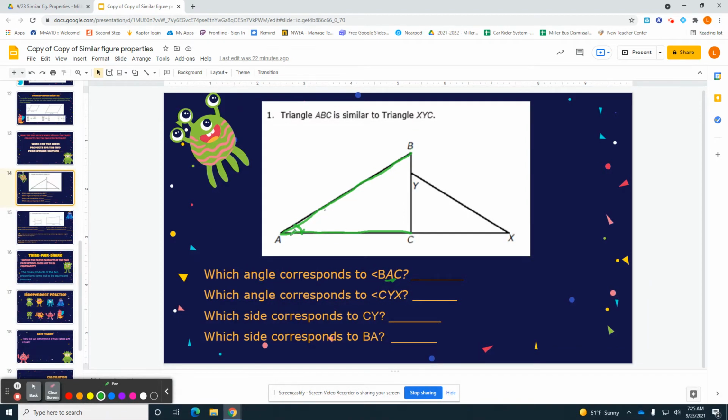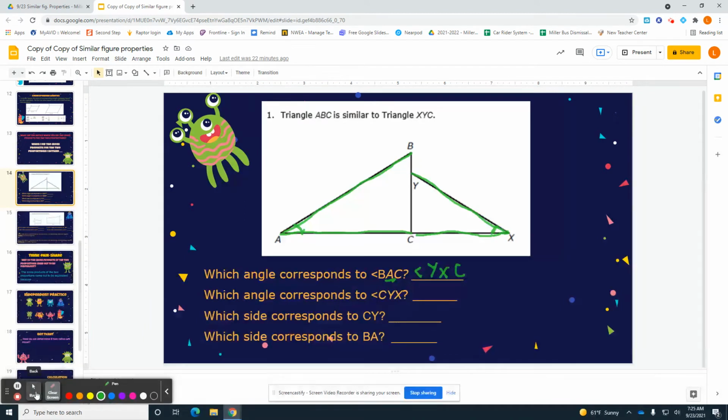So we started at the top. Here, if you look, these shapes are facing different directions, but I'm going to start at the top, come to the middle. Wait, so it's Y, X, C is the angle that matches that. So I'm going to write it as angle YXC.